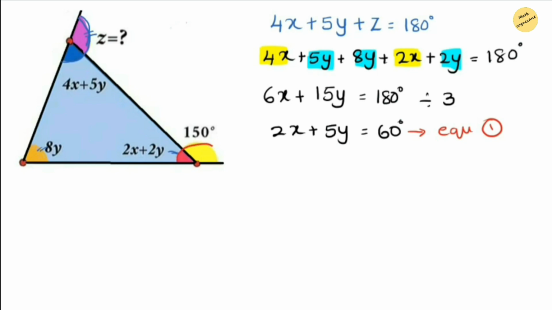Let's form the second equation by using the straight angle property, that is 2x plus 2y plus 150 degrees is equal to 180 degrees.